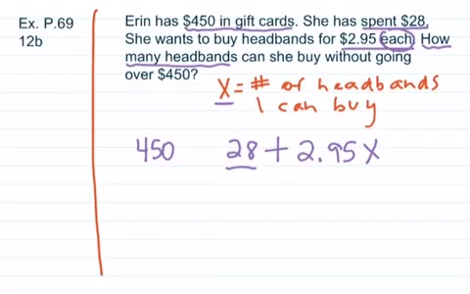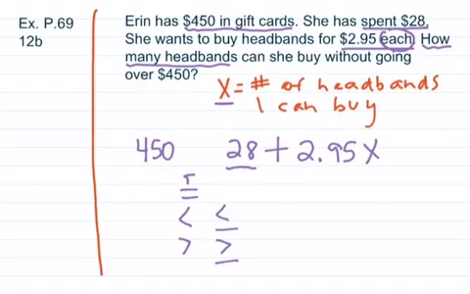Do we want an equal sign here in the middle? No, because I'm not trying to equal 450. Again, it's multiple solutions. I could just buy one headband. So we have to figure out, do I want a less than symbol, greater than, less than or equal to, or greater than or equal to? That's the question here.